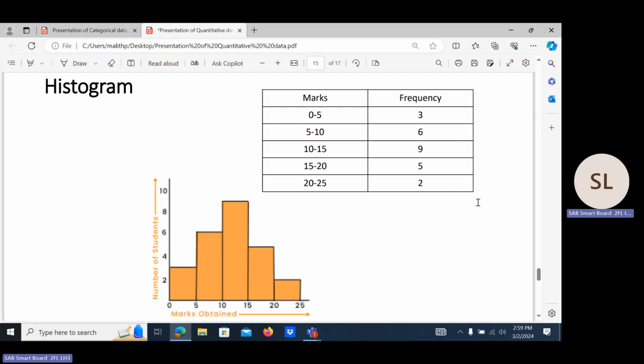Using the SPSS software, we can directly take the histogram. We insert the quantitative data, then take the right path: we select the data, go to descriptive analysis, and take the histogram.